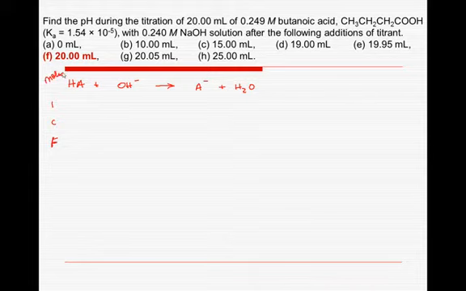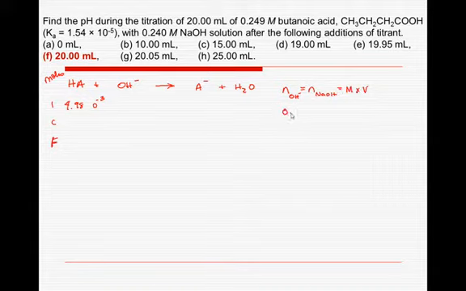Now, as with Part B and Part C, the number of moles of HA is 4.98 times 10 to the minus 3. That hasn't changed. To determine the number of moles of hydroxide, we will know that that's equal to the number of moles of sodium hydroxide, and to obtain that, it will be molarity of the sodium hydroxide times the volume.